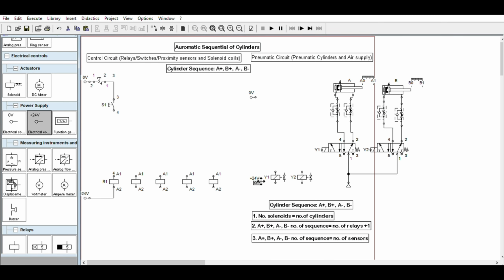We put it that way, so that they have different voltages. Solenoids usually have different voltages. We will connect them later. We don't have the controlling contacts yet, the auxiliary contacts, R1 or relay 1. Connect, branch out.